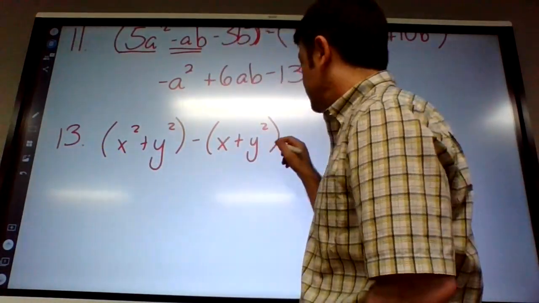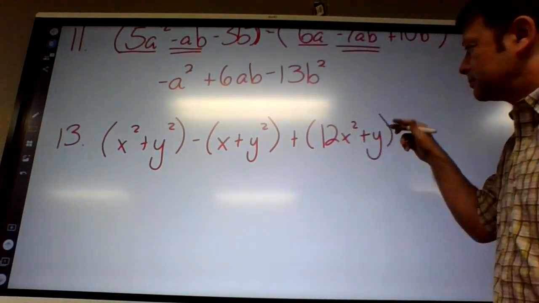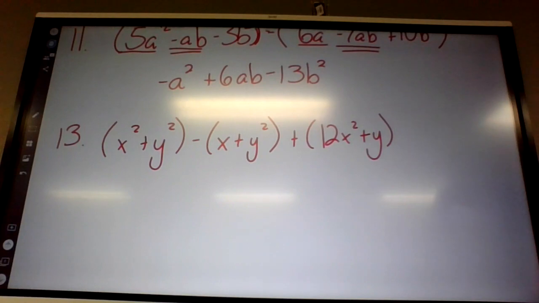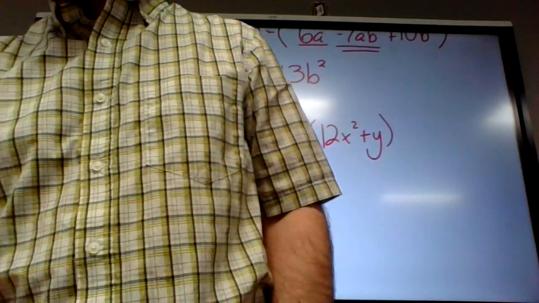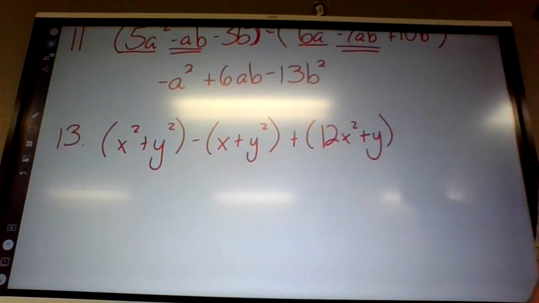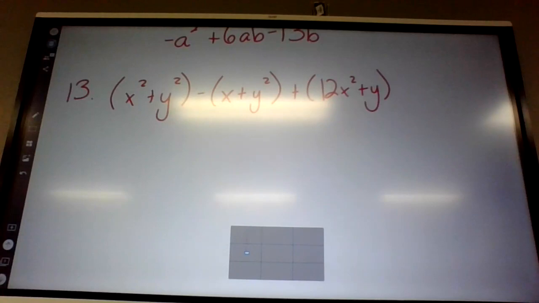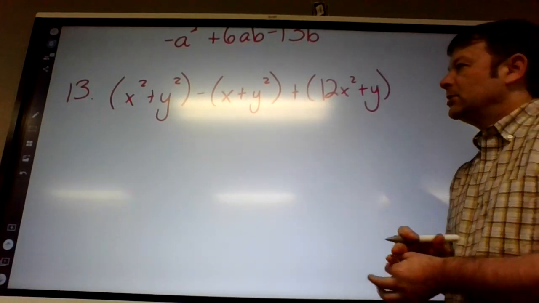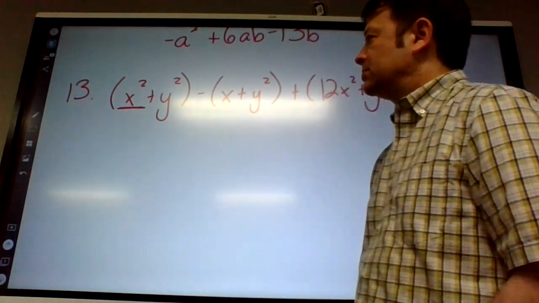Plus 12x squared plus y. Alright, did I copy that right? Yep. Okay, Atticus, what can we do on this one? Is there anything we can put this x squared with?